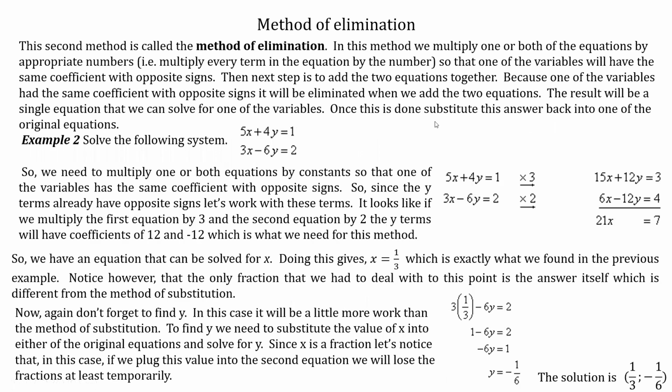Next method is the method of elimination. In this method, we multiply one or both of the equations by appropriate numbers, so that one of the variables will have the same coefficient with opposite signs. Then the next step is to add the two equations together.